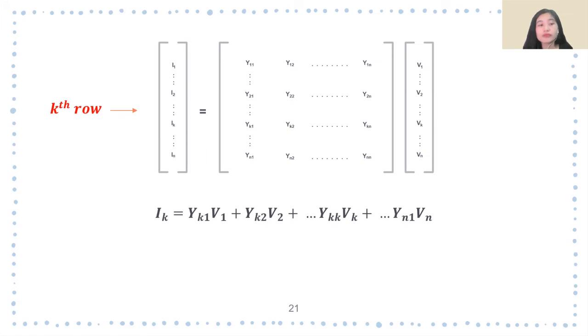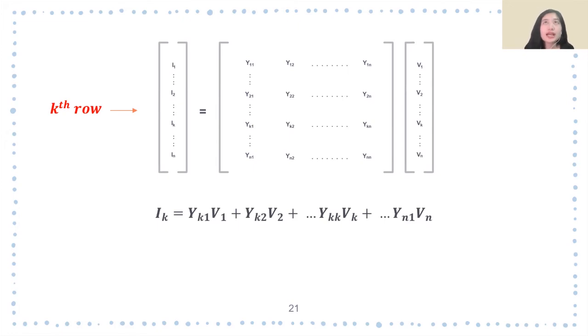Dun sa isa, we have used I sub i due to the reason that our bus is designated to be our i bus. Okay? Dito, pinangalan sa kanya is k. So, our I sub k is equivalent to Y sub k1 times V1 plus Y sub k2 times V2 plus so on and so forth to Y sub kk and V sub k plus our Y sub kn and Vn.